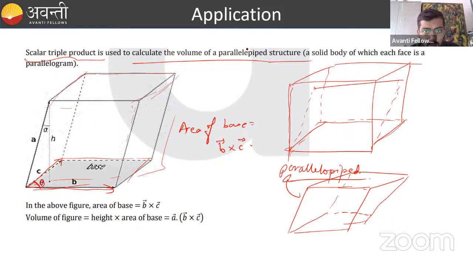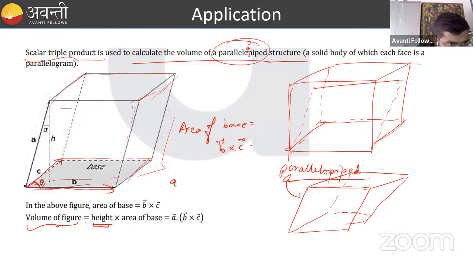This should be O. Now the area of the base is B bar cross C bar. Volume of the figure is height into area of the base. Now the height is represented by A bar, right?